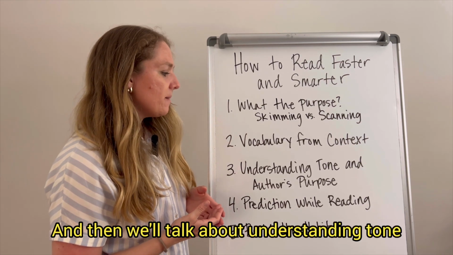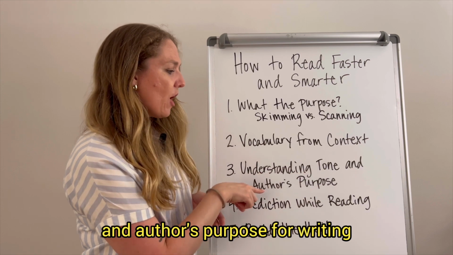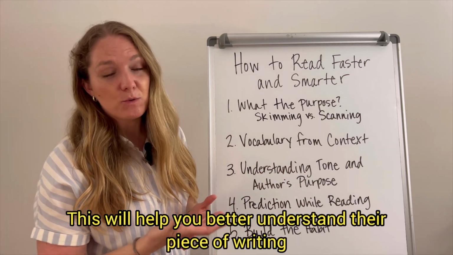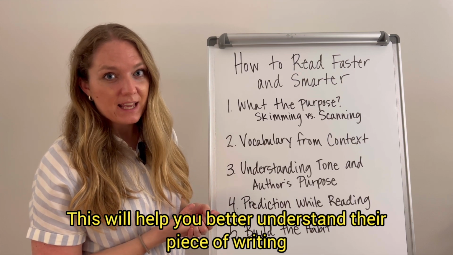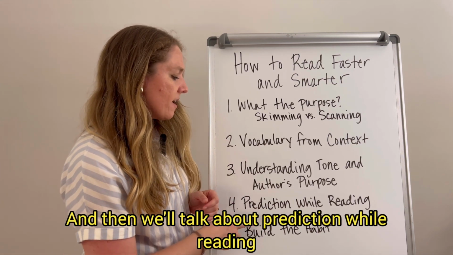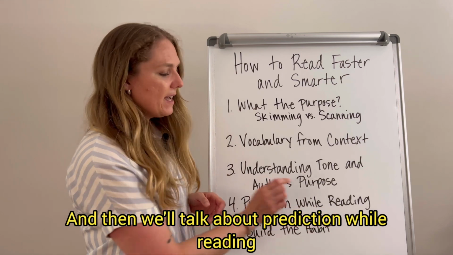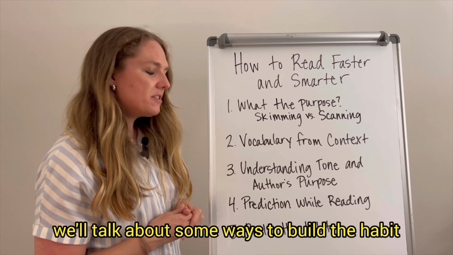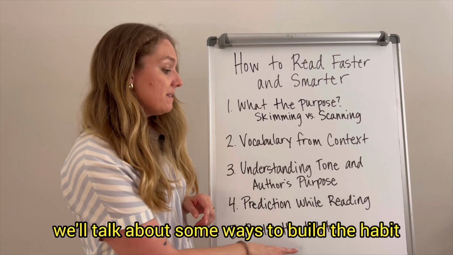And then we'll talk about understanding tone and author's purpose for writing what they are writing. This will help you better understand their piece of writing. And then we'll talk about making predictions while reading. And then finally, we'll talk about some ways to build the habit.